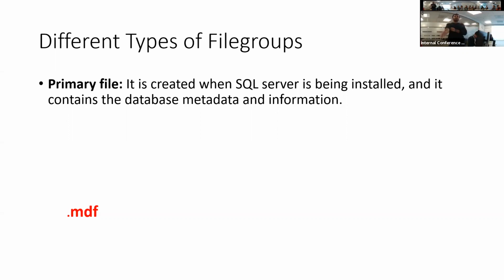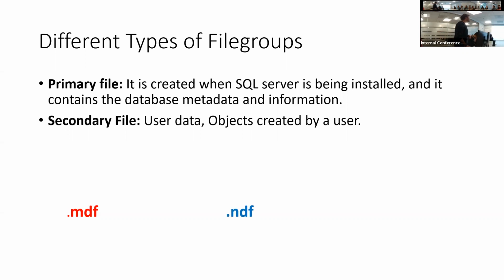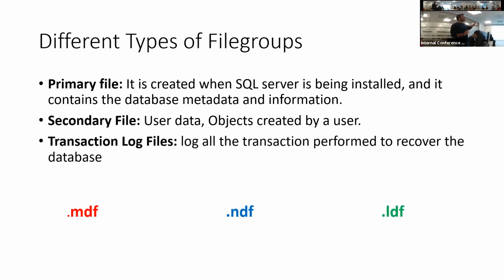You don't have to worry too much about it, but I'm giving you the basic concept of how the files are stored in the database. So if you want to create a user-defined file group, it is going to be saved as a .ndf. And finally, the transaction logs are going to be stored as .ldf.